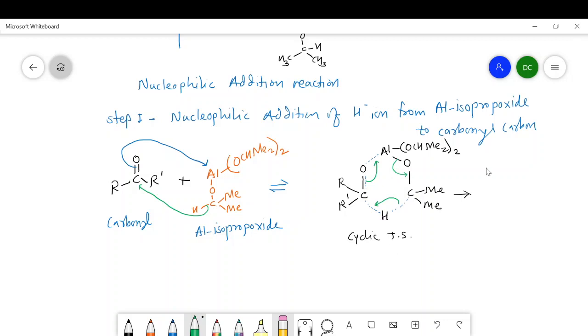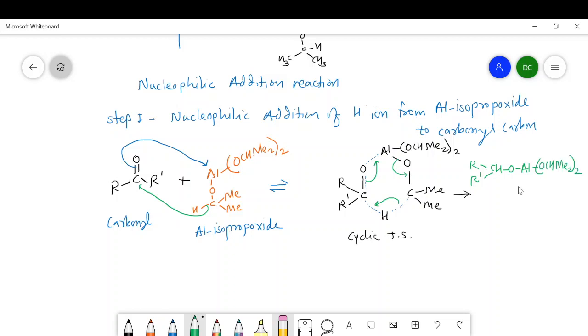Here we write the structure of the mixed alkoxide. Look at the structure here. Here R', then this hydrogen is attached to this carbon, so I can write R here, CH, then R', then oxygen. This oxygen is attached to the aluminum. This aluminum is attached with this type of isopropoxide groups.